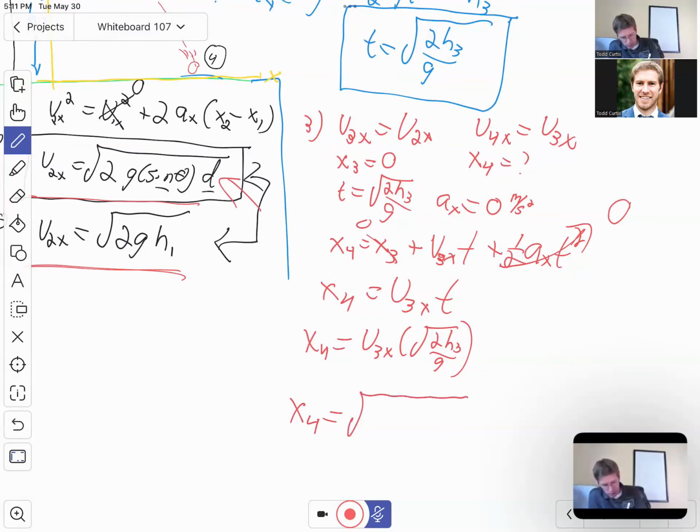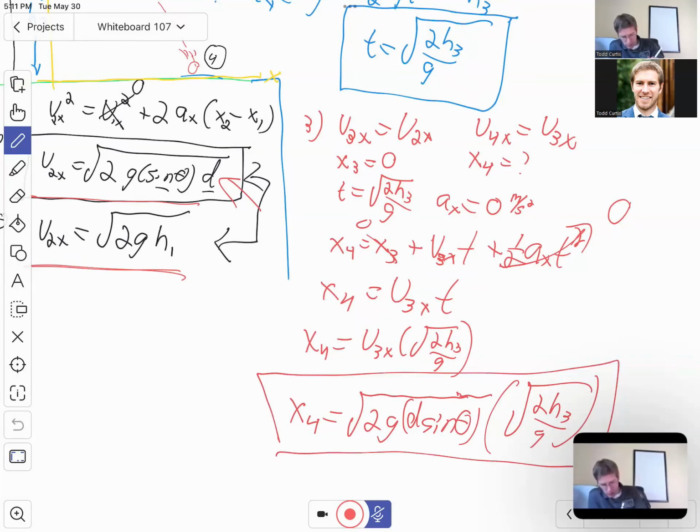So the square root of 2g d sine theta, from the beginning part, and then multiply that by our time, which is the square root of 2h over g. And that is your big answer there.